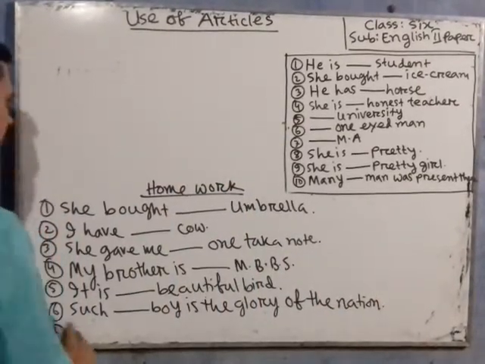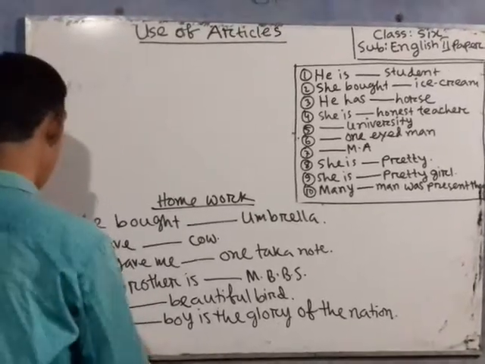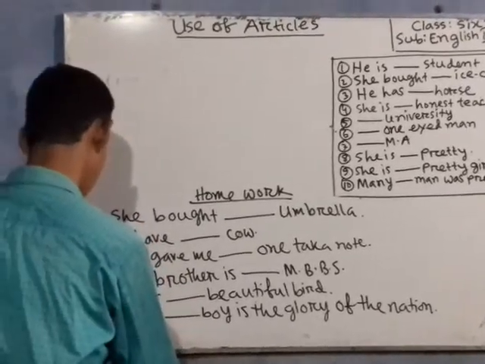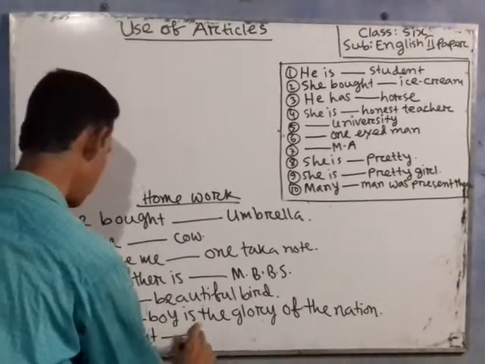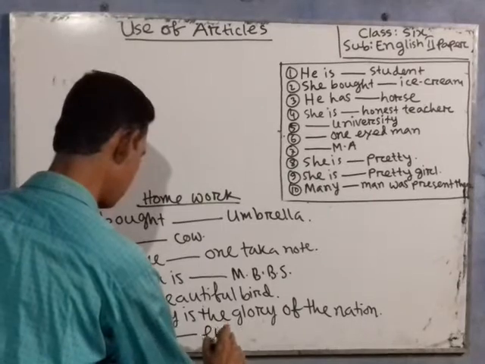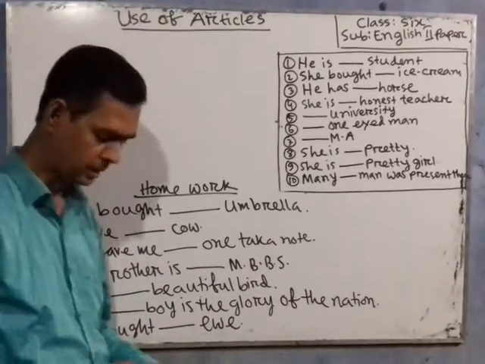And number 7: she bought dash you. Okay, understand everybody?